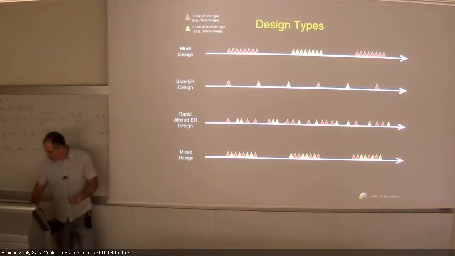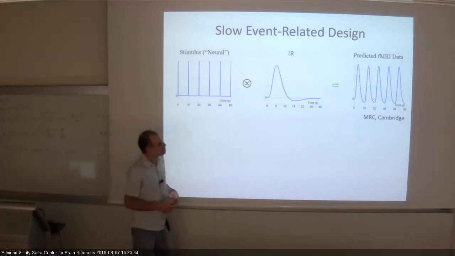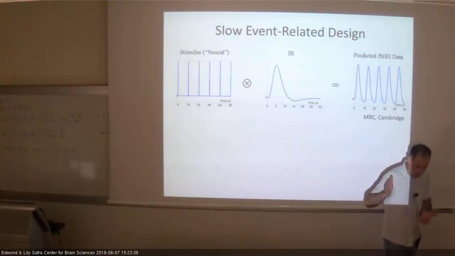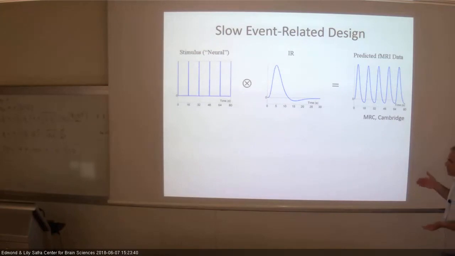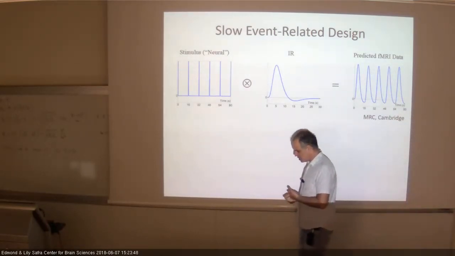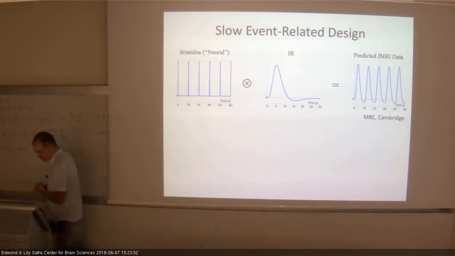So next in line is the slow event related design. Again, the idea is the same. We have these onsets, offsets. We have the expected modeled HRF response, and we put them together. We get this expected MRI signal, and as you can see here, you have a lot of signal.